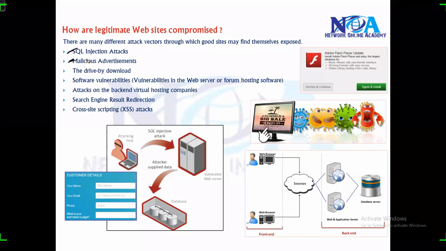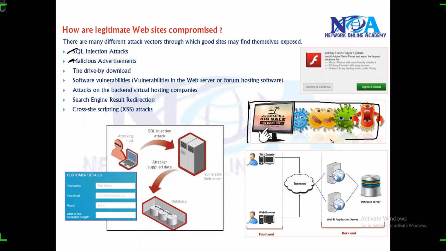There are other options like malicious advertisements. Most of the websites you visit will generally display some kind of advertisements. We call them malvertisements. They are displayed on the websites, generally hosted by third-party advertisement sites.